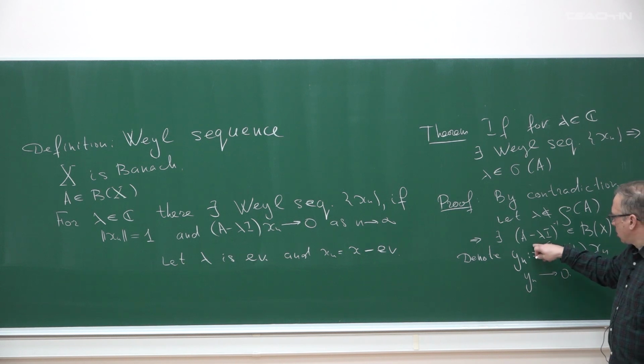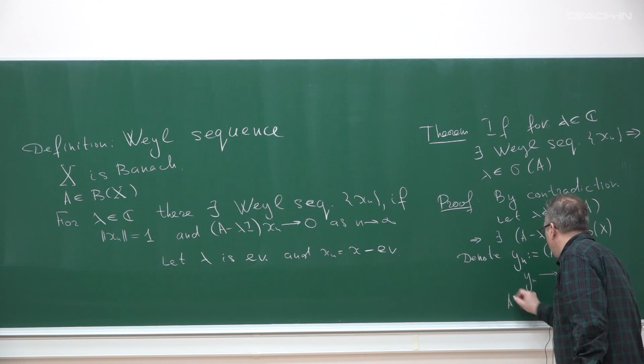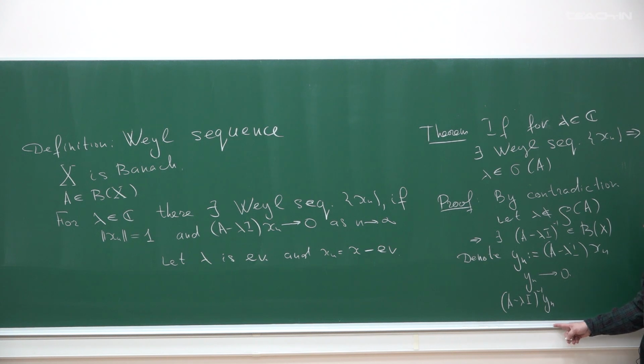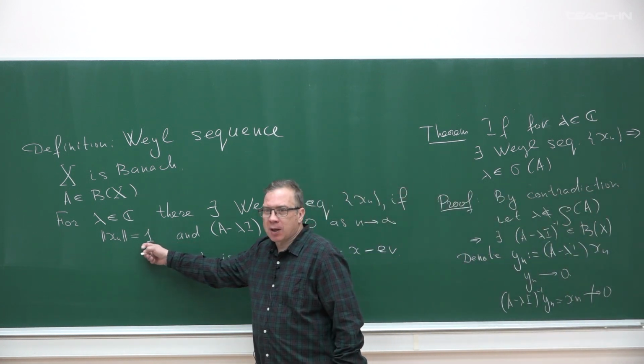Let's take the inverse operator, the resolvent, and consider what we obtain in this action. What is this result by definition? It is xn. It is just xn. It does not tend to 0, because by definition the Weyl sequence is a normalized sequence.